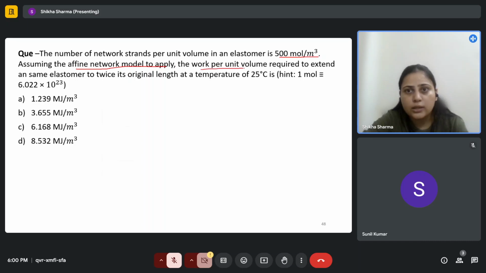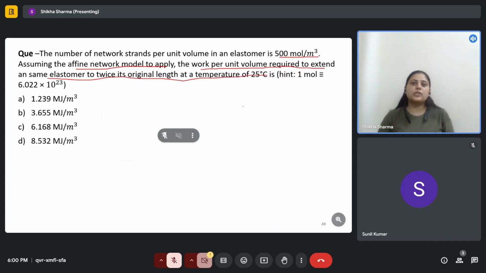So in that case, we need to calculate the work done per unit volume to extend the same elastomer to twice its original length at the temperature of 25 degrees Celsius. So we are stretching and doing some work, and we need to calculate work per unit volume for that, when we are increasing the original length to twice.